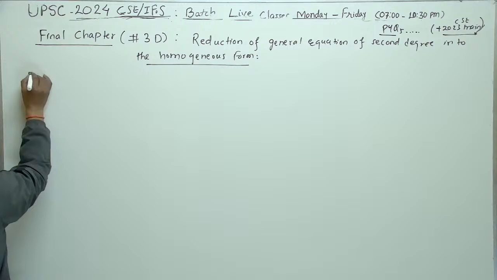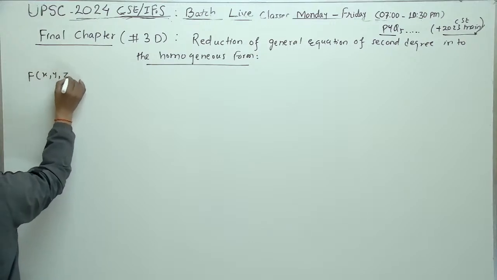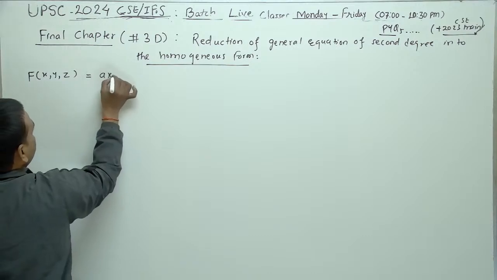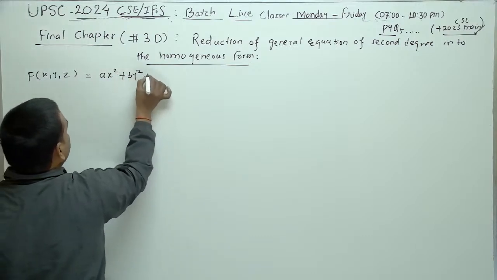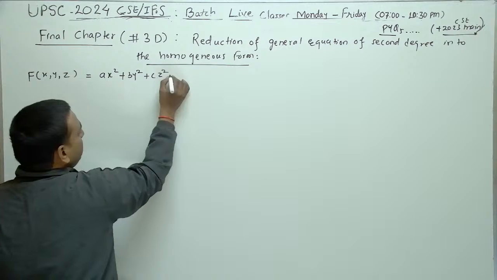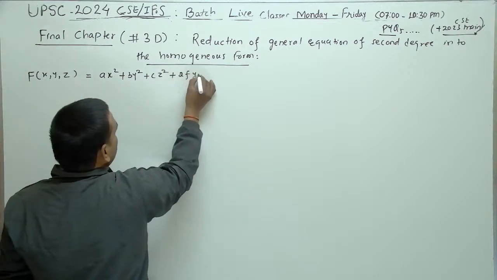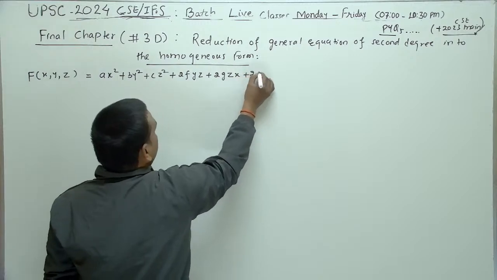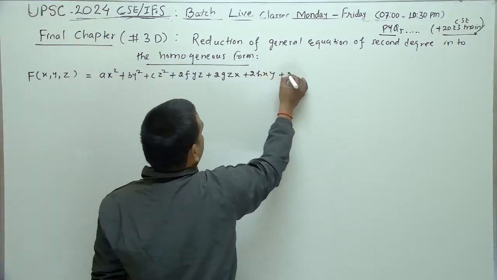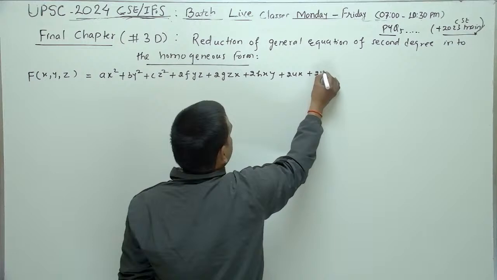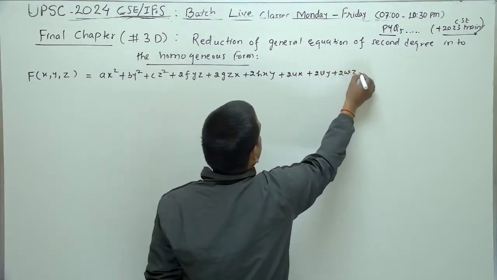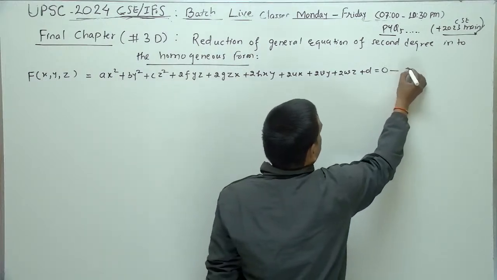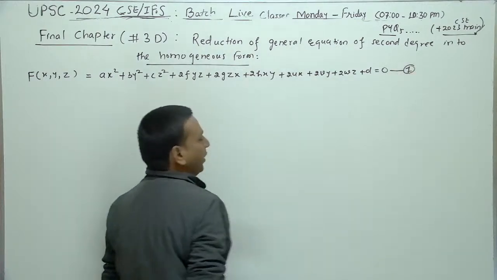So let's say if I talk about the general equation, if I write f of x, y, z, this is ax square plus by square plus cz square plus 2fyz plus 2gzx plus 2hxy plus 2ux plus 2vy plus 2wz plus d equals to 0. Let's give this as equation 1.